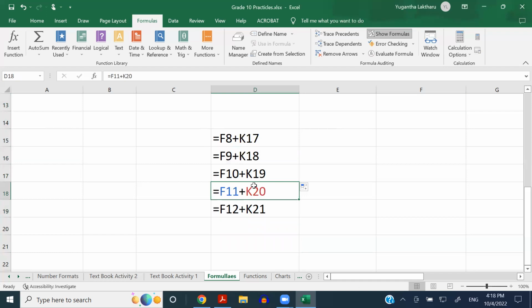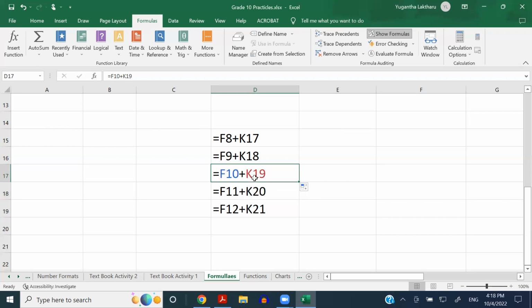Row headers will increase if we copy downwards in a single column. The row headers will decrease if we copy upwards in a single column. Are we clear about this, people? Yes, sir. Right.